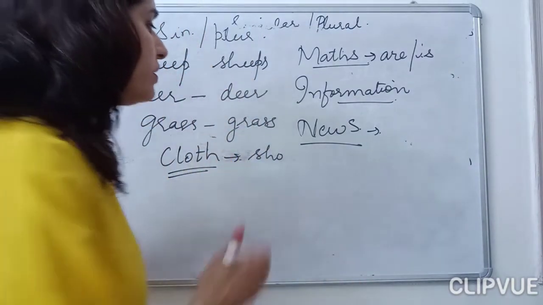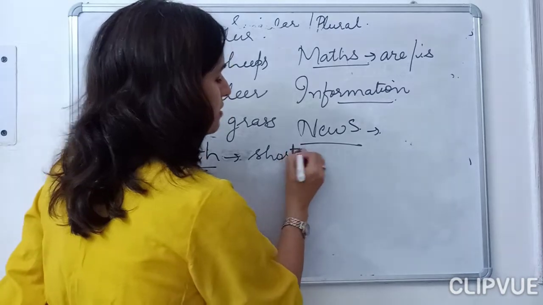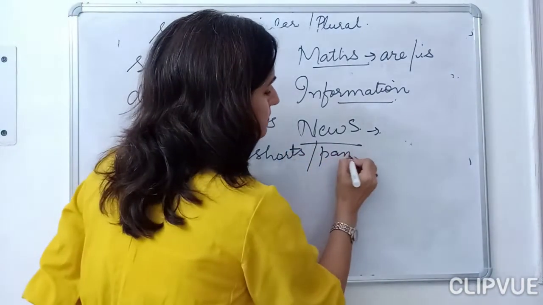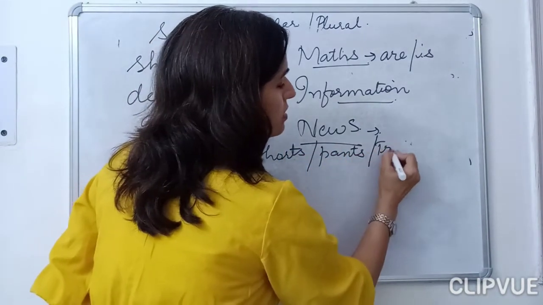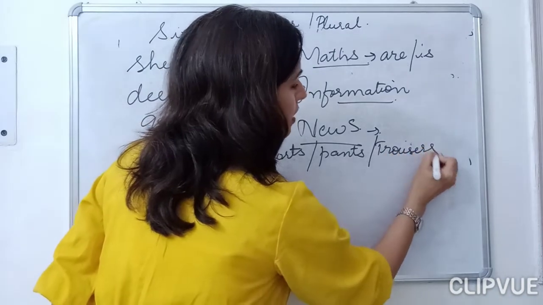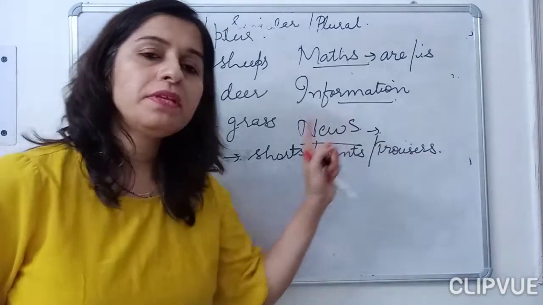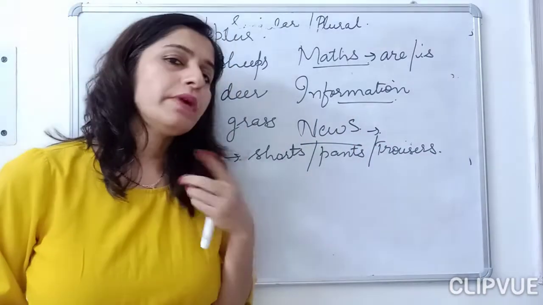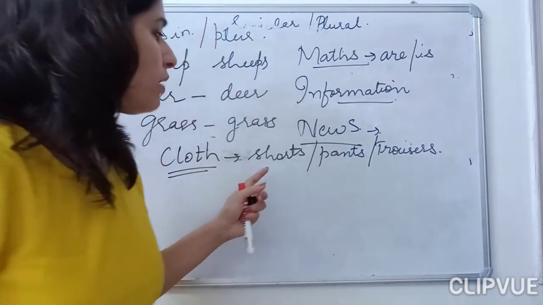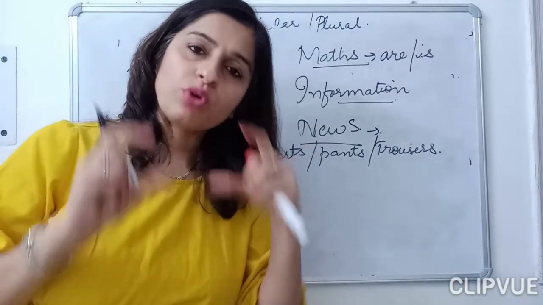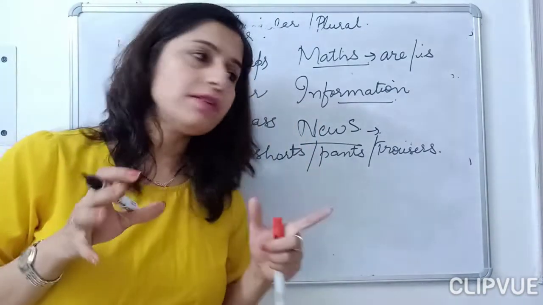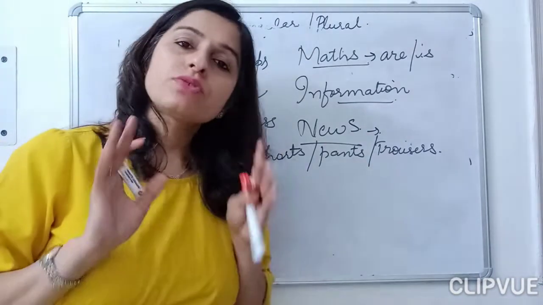In clothes, children, suppose I say shorts, pants, trousers. You will think they all have s at the end, so they are talking about the plural. But no, children, they are talking about one pair of shorts only, one pair of pants only, and one pair of trousers only.